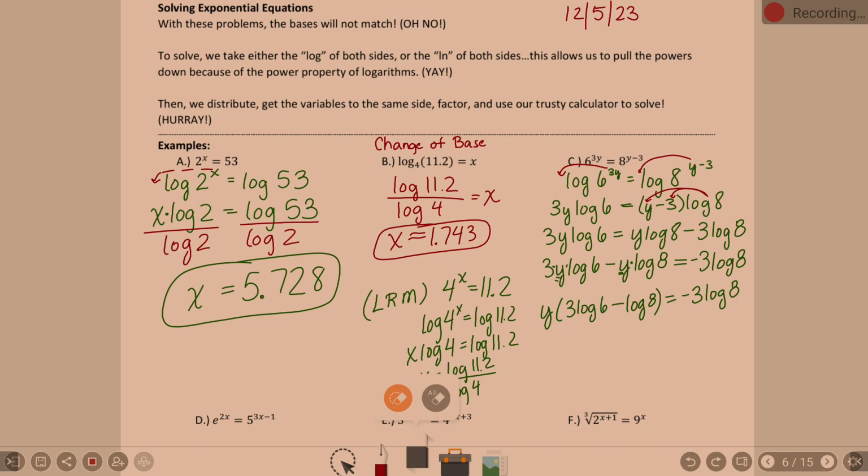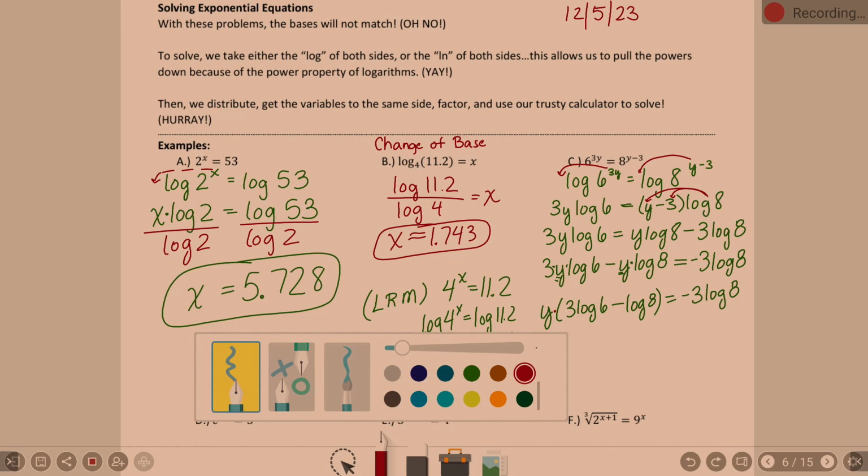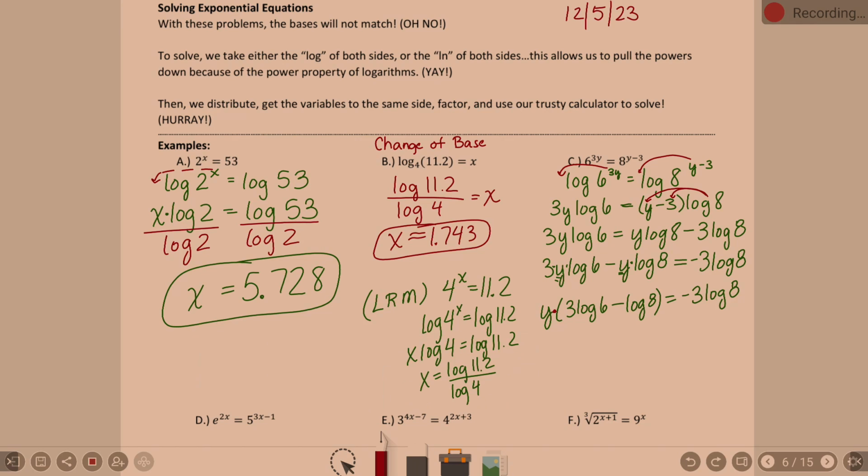Okay. I'm not going to say you can't. Would you add over the log 8? No. Can you simplify the parentheses? Like, if you plug that into your calculator.